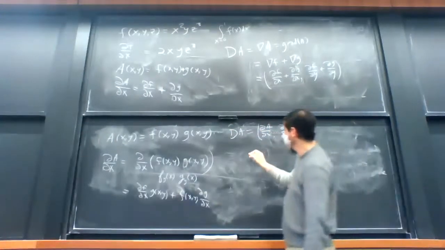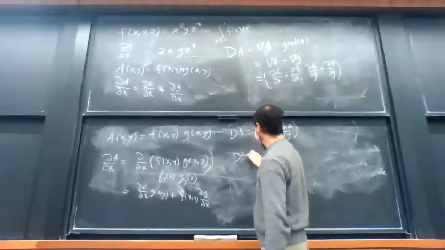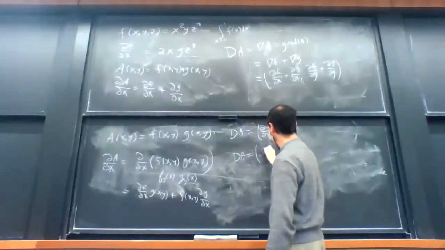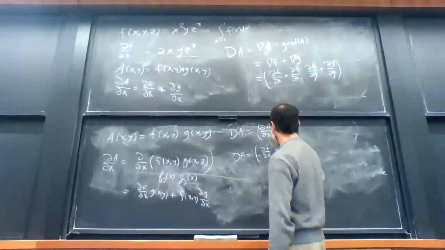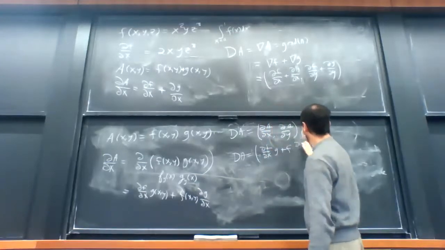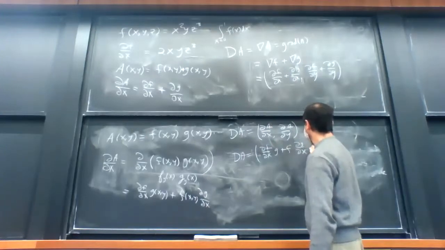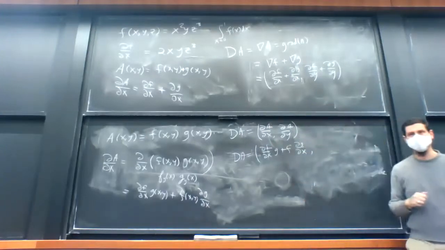So if I plug this in here, I get the derivative of A. The first piece is going to become df/dx times g plus f dg/dx. What's the second piece going to be?